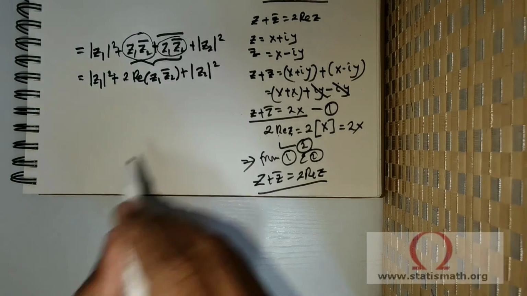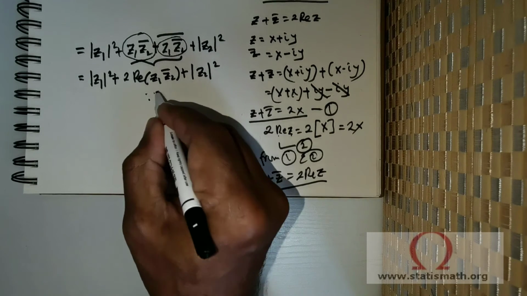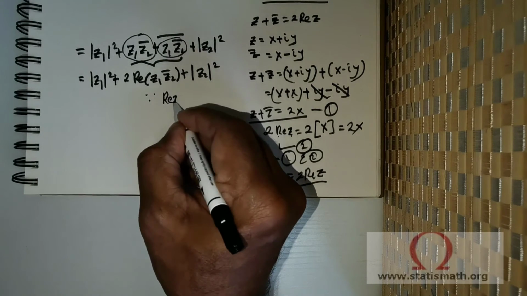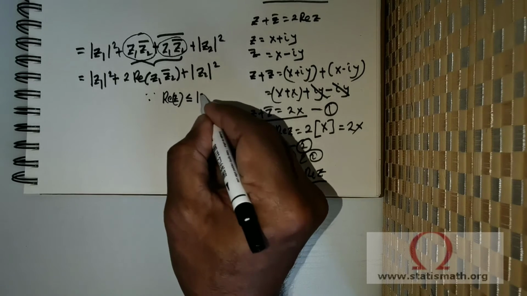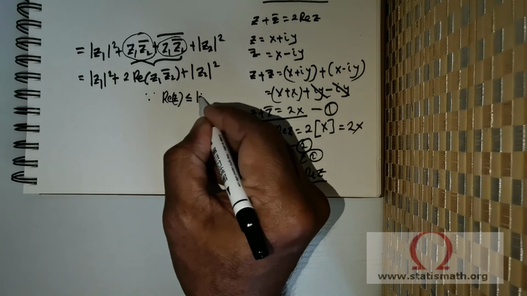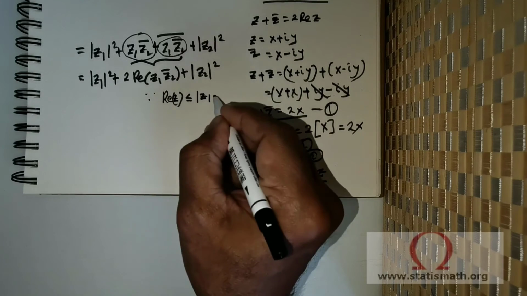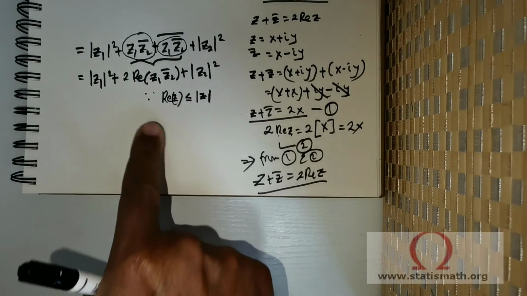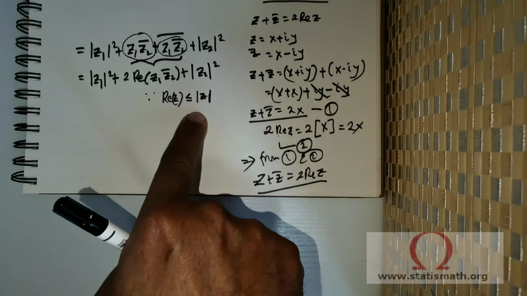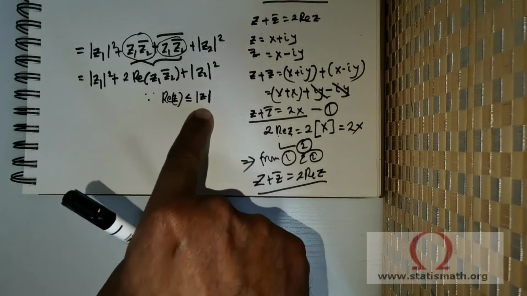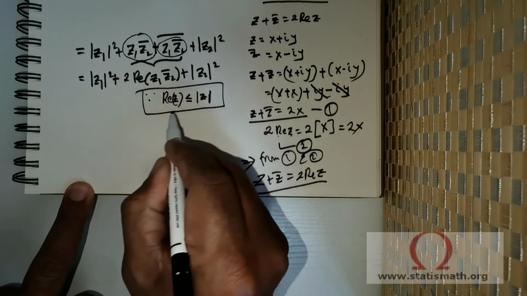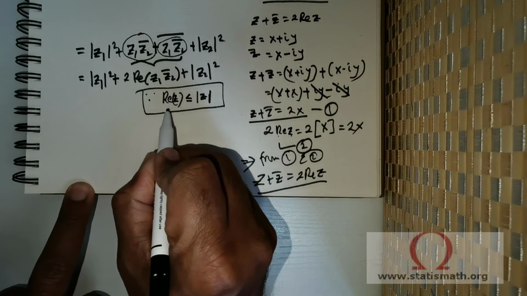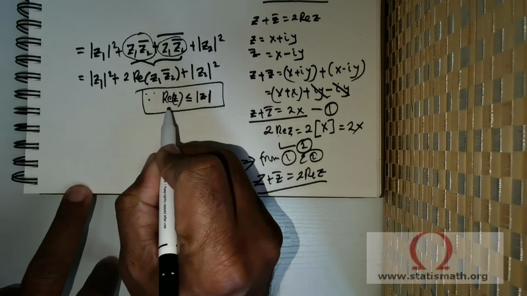Now there is another important property you have to know. Real part of z is always less than or equal to its modulus. This is a very important property.